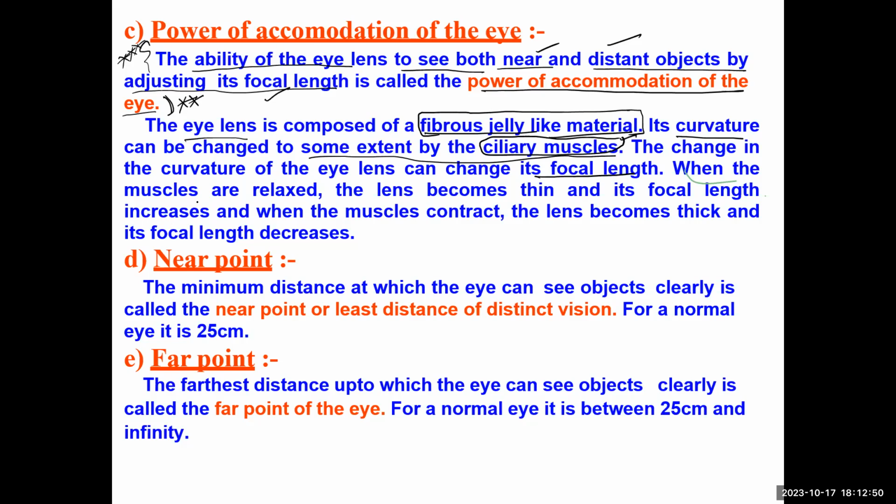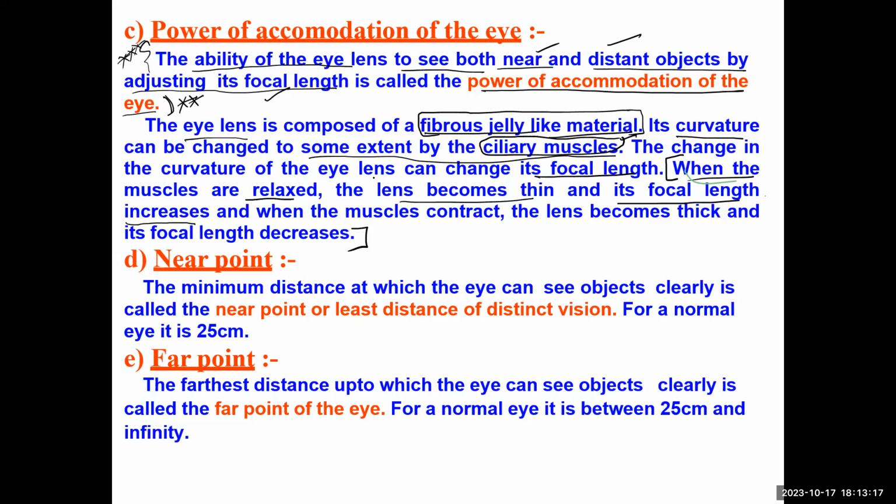When the muscles are relaxed, the lens becomes thin and its focal length increases. Listen here now. We are talking about increasing and decreasing of the focal length. When the muscles are relaxed, what will happen? The lens will become thin.